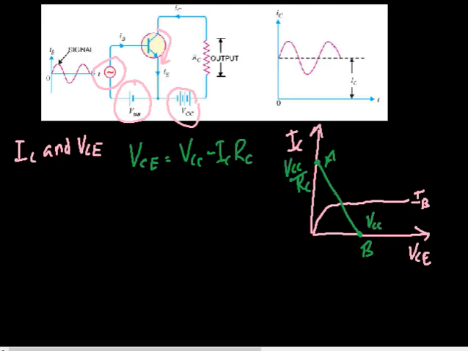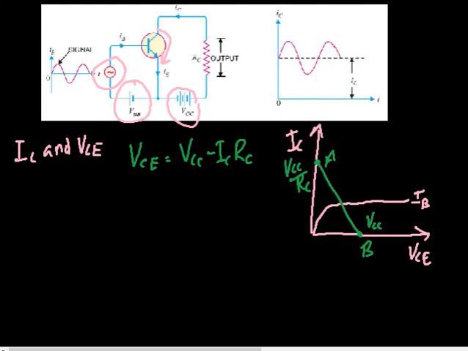Now the straight line AB gives the different values of IC with respect to VCE for the circuit. Also, this curve represents different values of IC with respect to VCE for a particular IB.